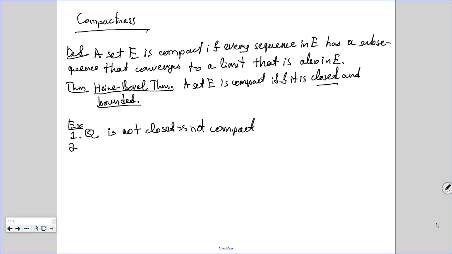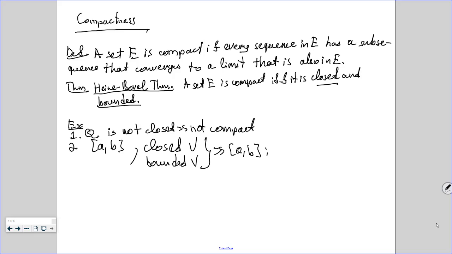The second set is a closed interval AB. AB is closed, so this is a check, and AB is also bounded since we can find a number which is greater than B. This is also a check. Therefore, from the theorem, AB is compact.